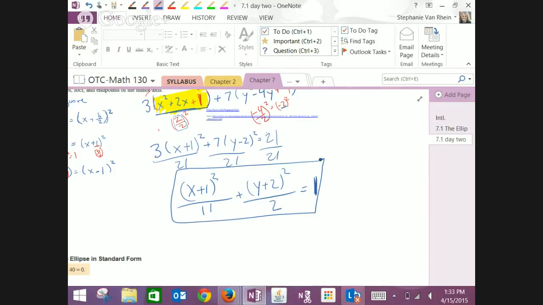Is it y plus 2? It should be minus 2. Okay. Yeah. Sorry. y minus 2. So what's my center? Minus 1, 2, right? And my a here is the square root of 11, and my b is the square root of 2. Not too fun, but not impossible to deal with.